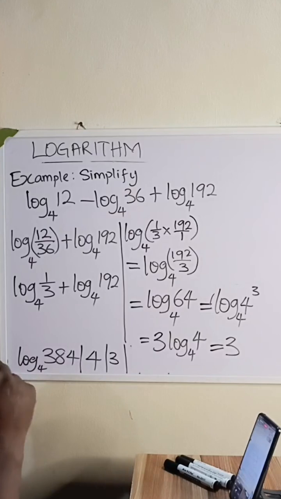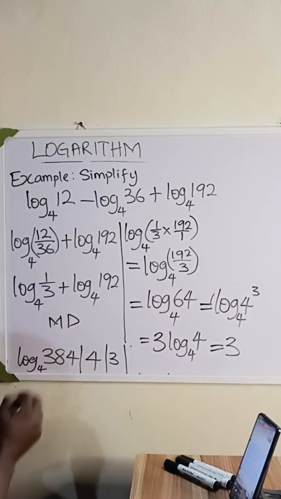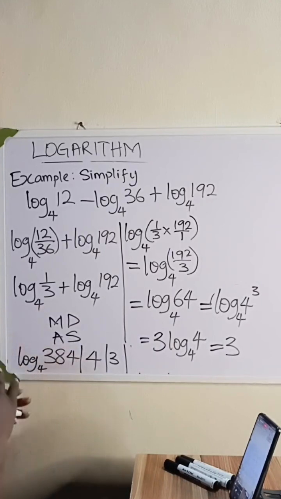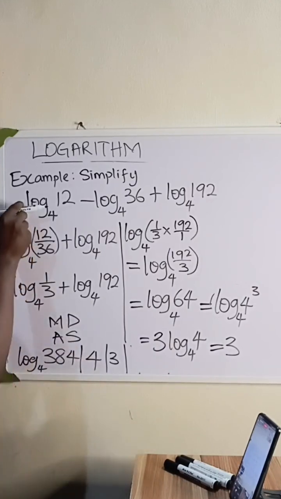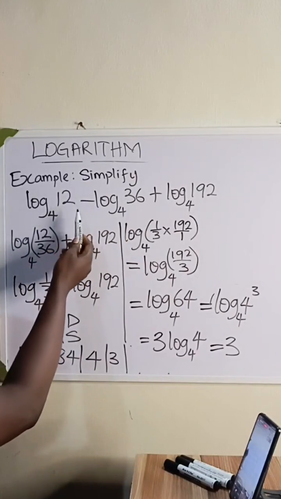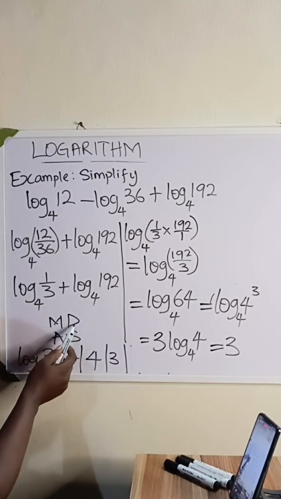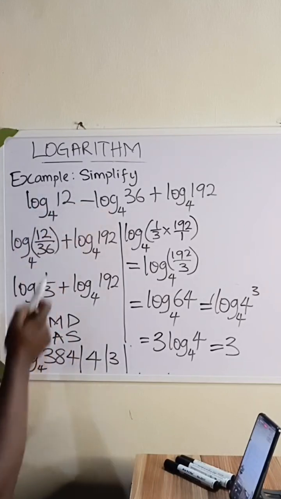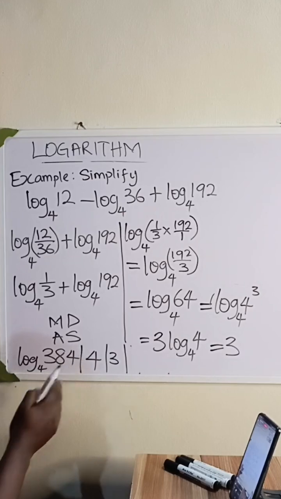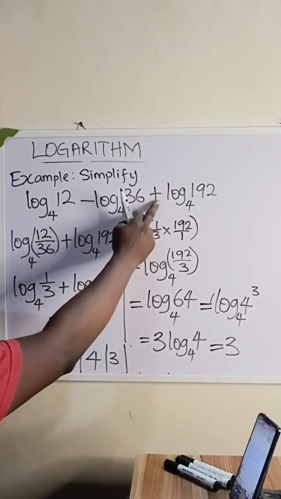Yeah, when you are doing board maths, multiplication and division are at the same level. Addition and subtraction are at the same level. So when you are moving from left to right, the one you meet first, that's the one you will work on. Here, we have subtraction and addition.